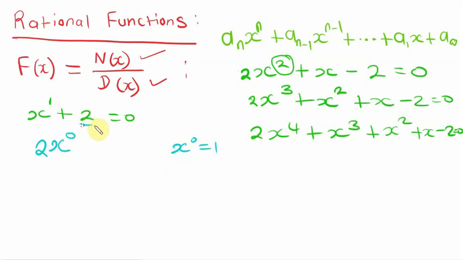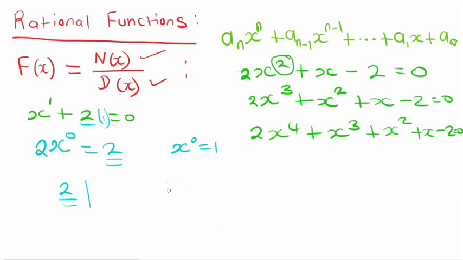So we have 2 there because it's multiplied by x raised to the power 0, which is the same thing as 1. 2 times 1 is just 2. So 2 times x to the 0 is the same thing as just the constant 2. So a constant is also a polynomial. There you have it, just a little explanation about what polynomials are.